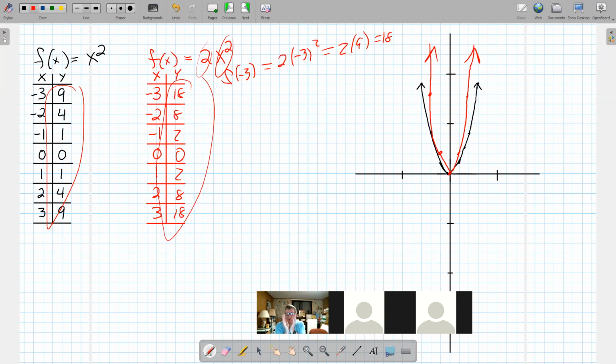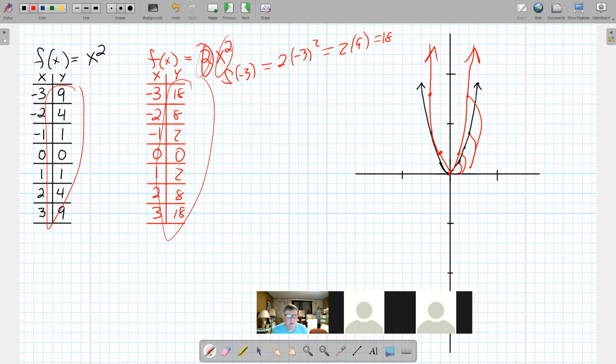It's opening skinnier, or narrower. So what's going on there? All the outputs on the red graph are twice what they were on the black graph. Here the black is 1, the red is 2. Here the black is 4, the red is 8, because we're doubling the result of x squared.